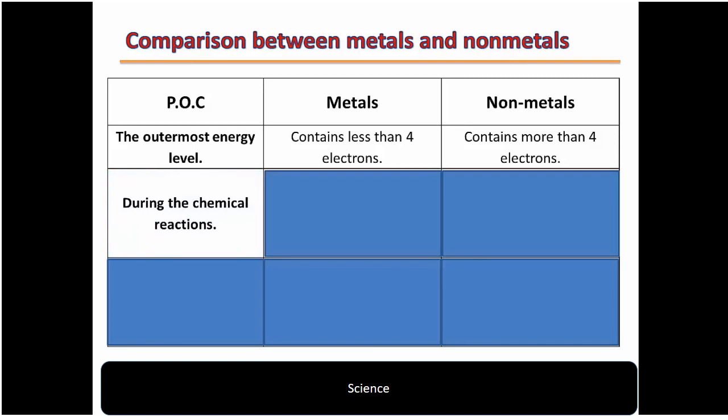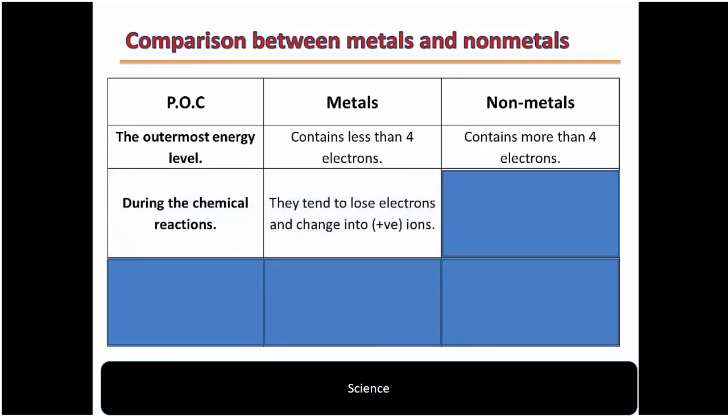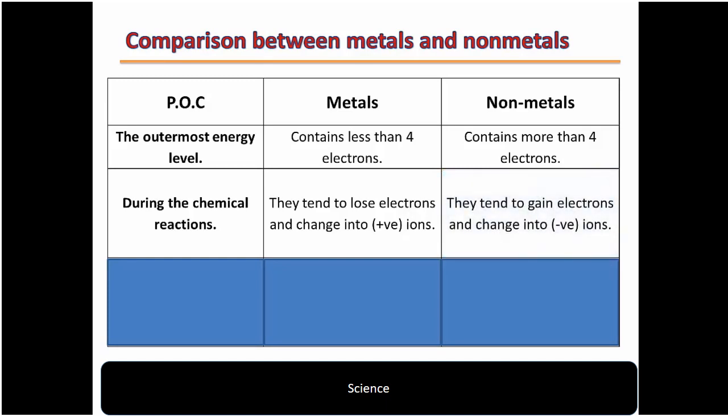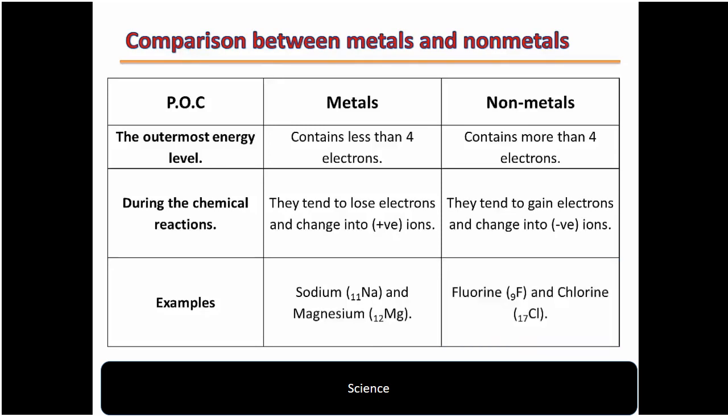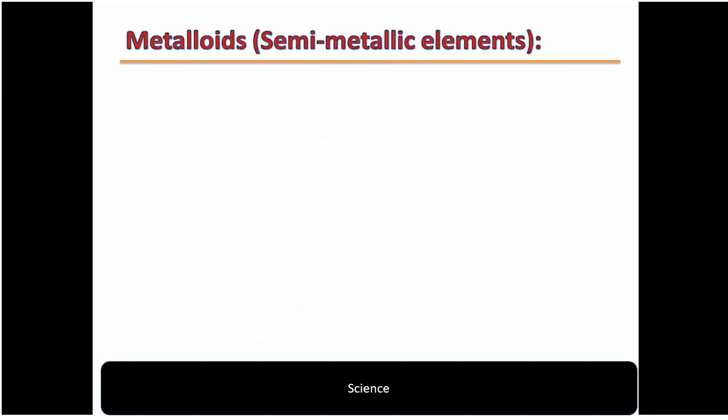During chemical reactions, metals tend to lose electrons and change into positive ions, while nonmetals tend to gain electrons and change into negative ions. Examples: for metals, sodium Na11, magnesium Mg12, aluminum Al13. For nonmetals, we have fluorine F9, chlorine Cl17.